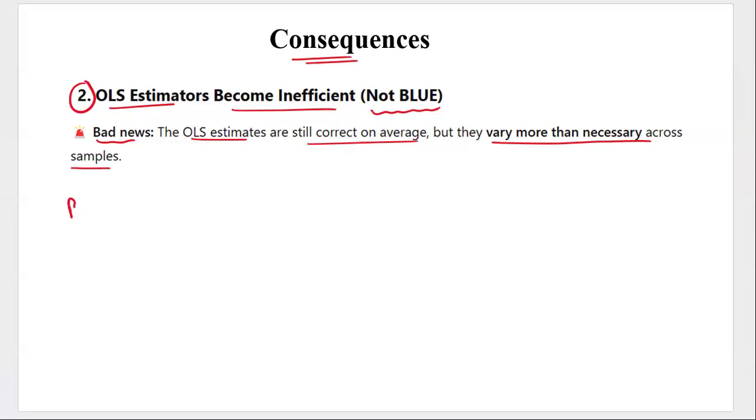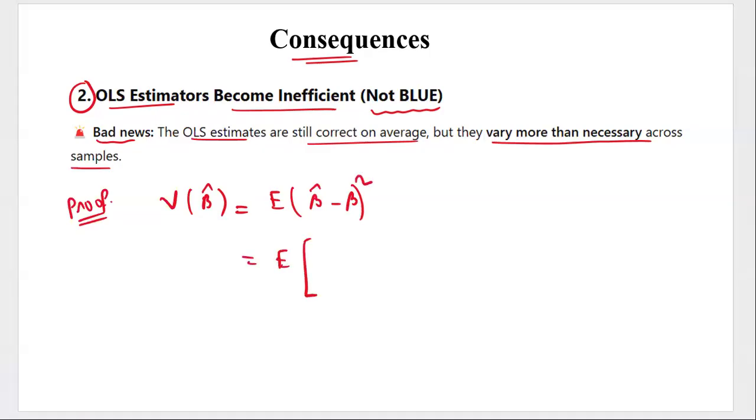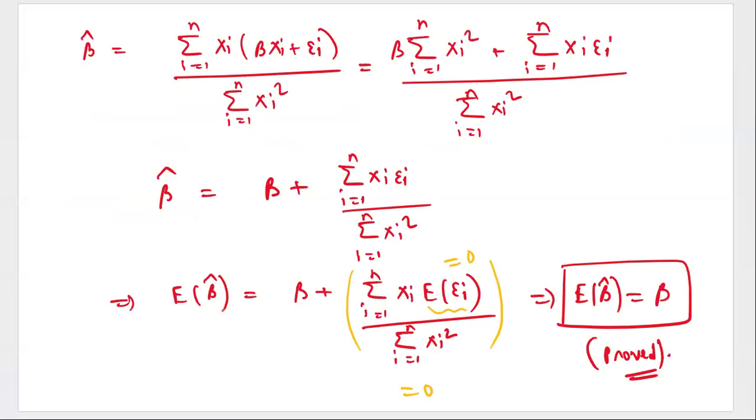So now we will prove the inefficiency property of the estimator beta cap. Let us see how you will do it. Variance of beta cap is the expected value of beta cap minus beta, whole squared. Now, what is beta cap minus beta?